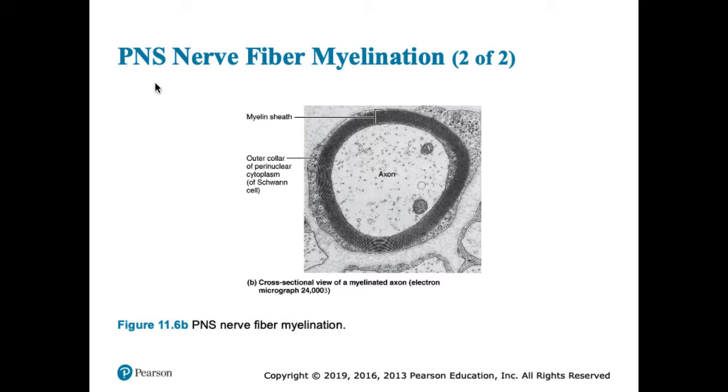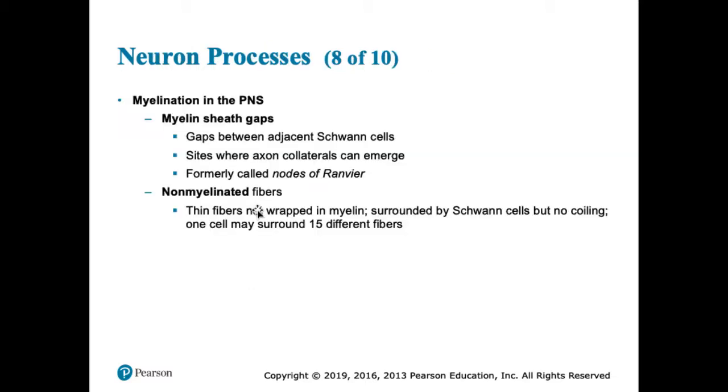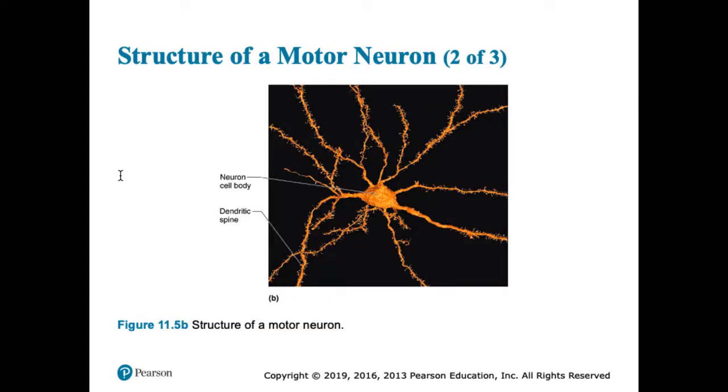Now, PNS, the peripheral nervous system nerve fiber myelination. You can see what that myelin sheath looks like as it surrounds that axon under the electron micrograph, those Schwann cells that I mentioned. Myelination in the peripheral nervous system. These myelin sheath gaps, those exist between the Schwann cells, and let me go back and see.